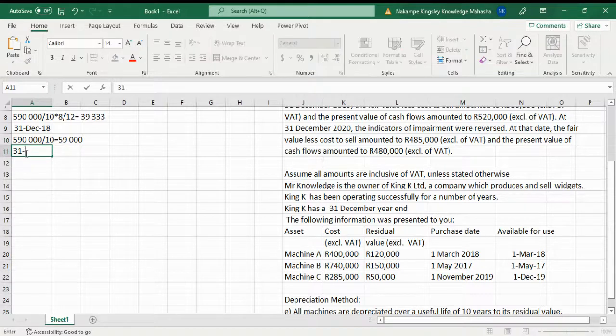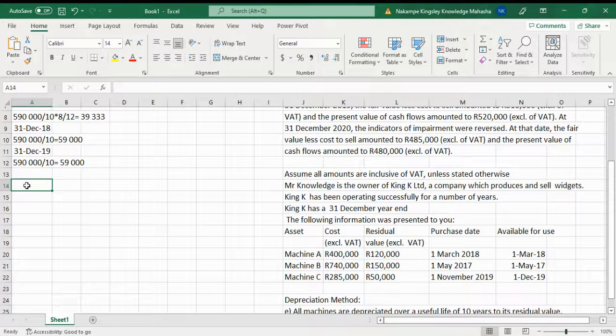Then we go to 31st December 2019, which is where we had the impairment. The depreciation amount is going to be the same, 59,000. When we get here, we're going to calculate our carrying value.